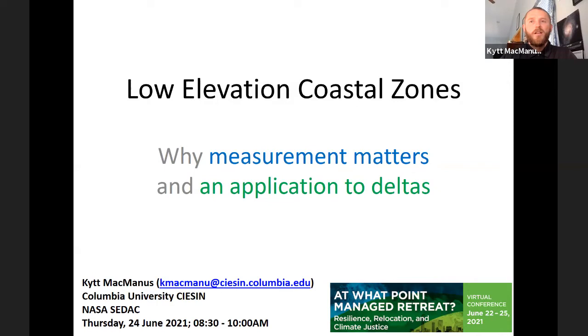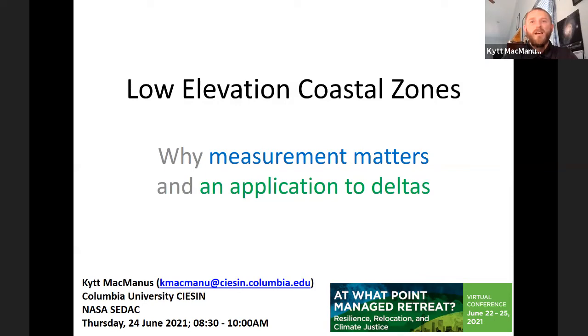In particular, there are two things I want to focus on. The first is the sensitivity of data and why measurement matters, and why what we're using to create these zones and to add up the number of people in them has big implications for the results and what we'd want to do with policy.